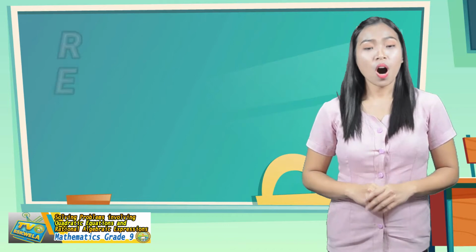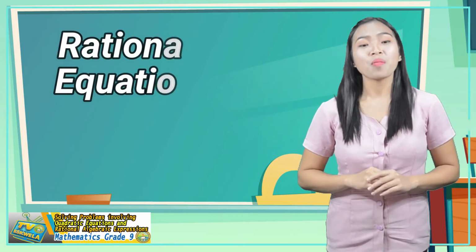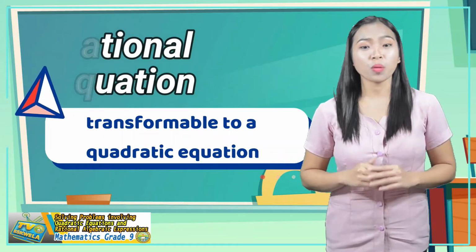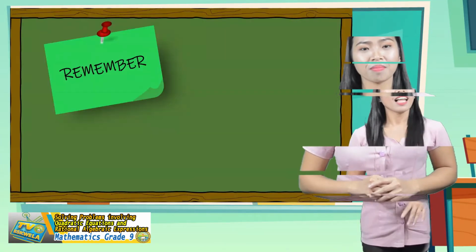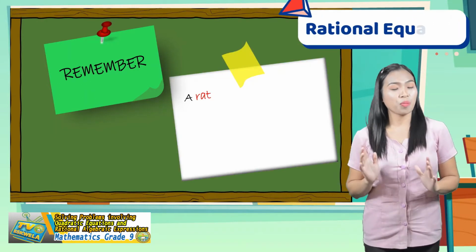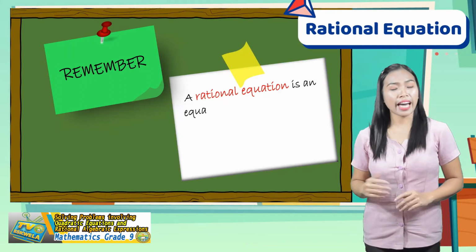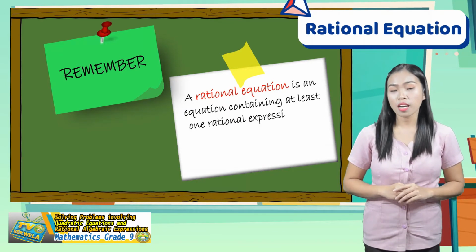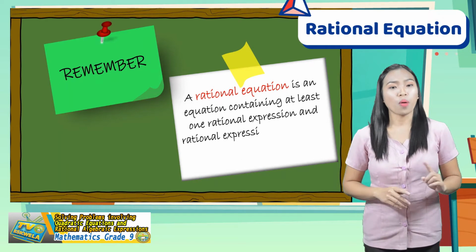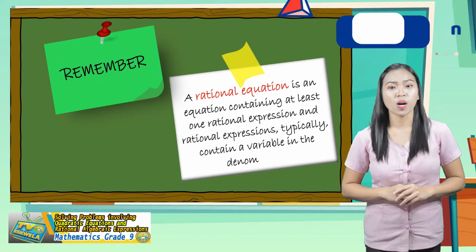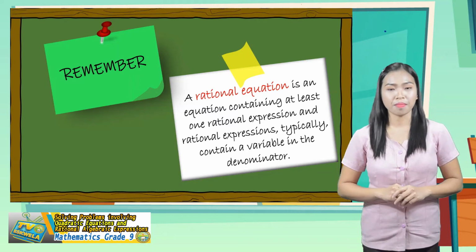This time, our problems involve a rational equation that is transformable to a quadratic equation. Let us recall from your previous lesson that a rational equation is an equation containing at least one rational expression, and rational expressions typically contain a variable in the denominator.